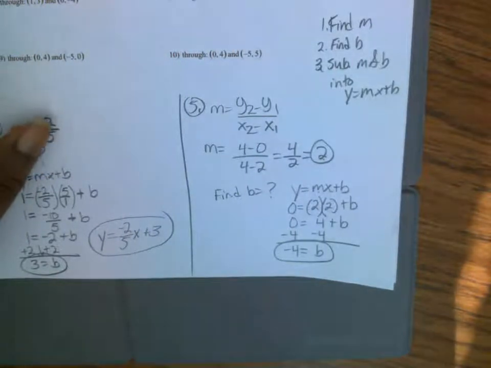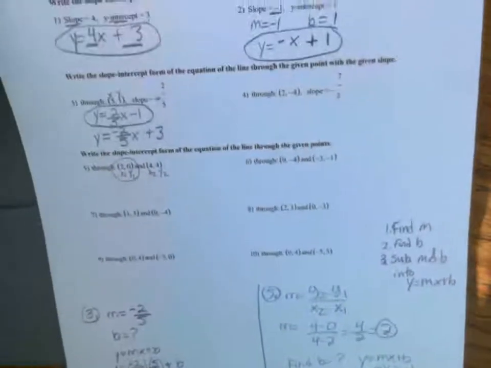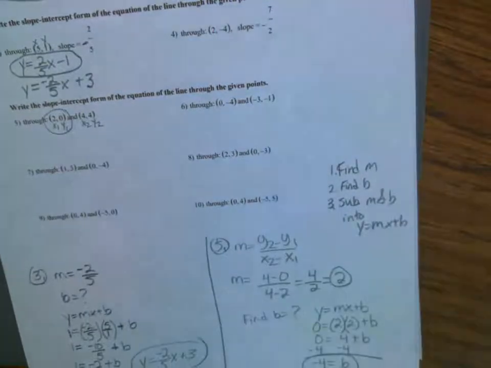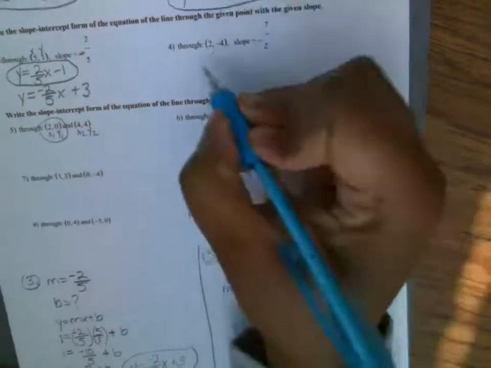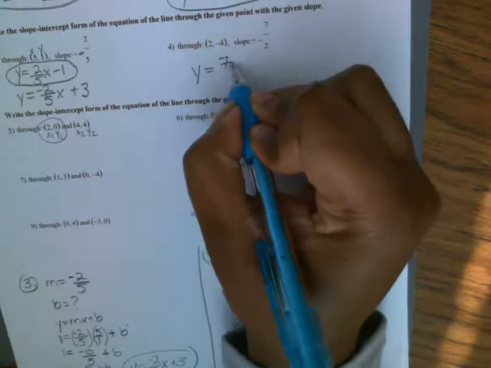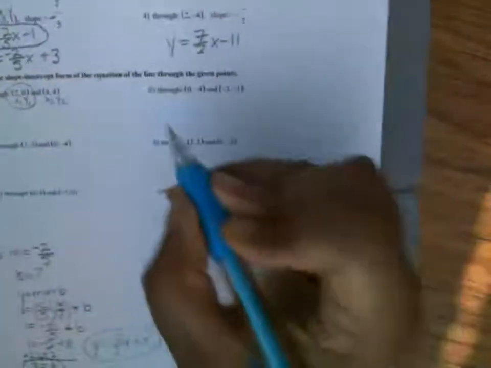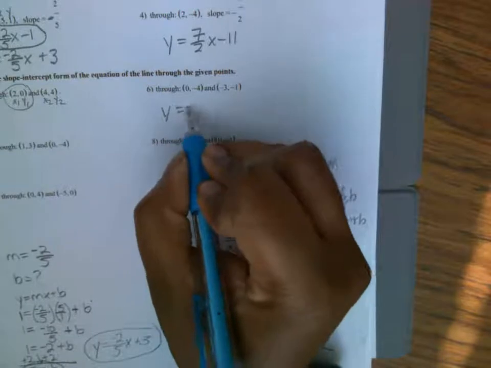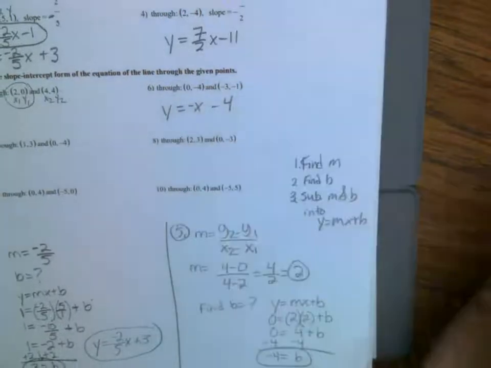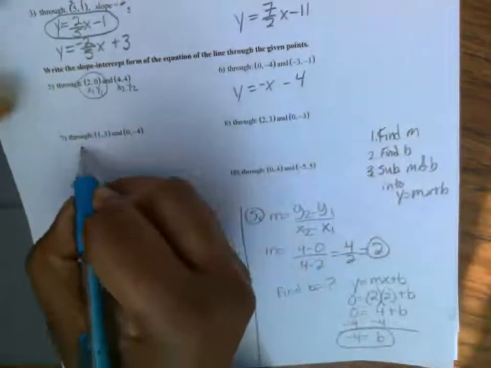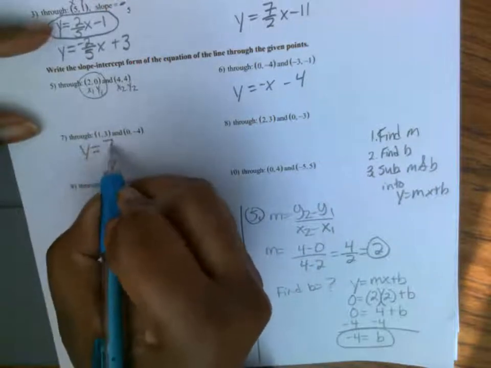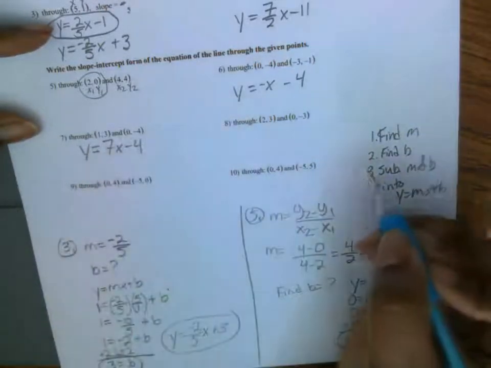All right. Know what the answers are. You need to check your answers. If you didn't get it right, you need to go back and do these again. So for this one, you should have gotten y is equal to 7 over 2x minus 11. For number 6, you should have gotten y is equal to negative x minus 4. For number 7, you should have gotten y is equal to 7x minus 4.